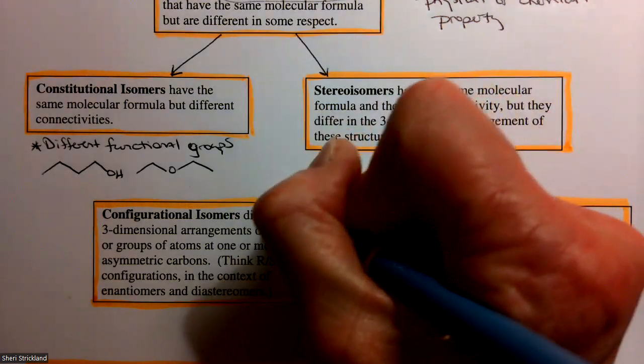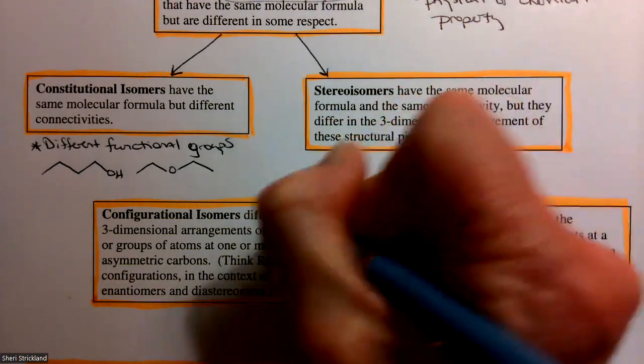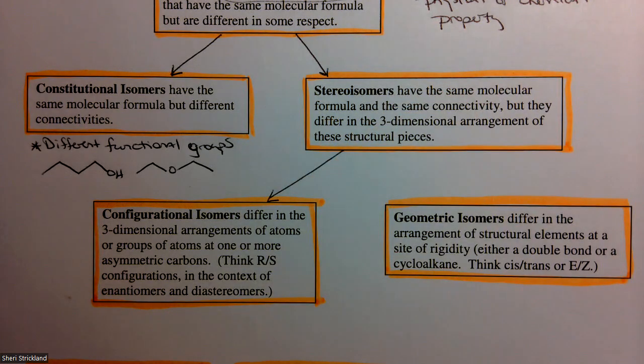Now, configurational isomers have their stereochemistry tied up in sp3 carbons. So they differ in the three-dimensional arrangement of atoms or groups of atoms at one or more asymmetric carbons.